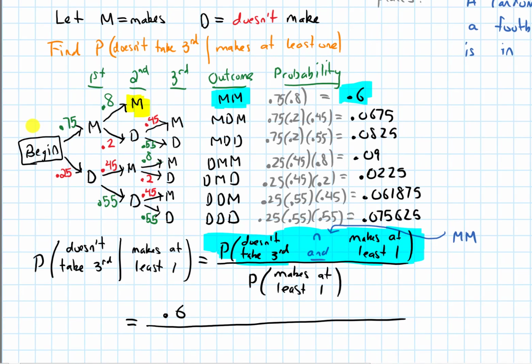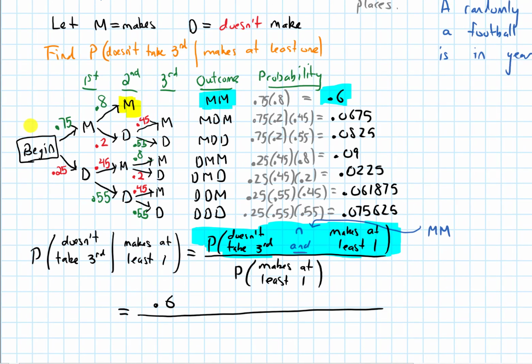The denominator is going to be quite big. There's going to be a lot of terms. So the probability that she makes at least one shows up in a bunch of outcomes. That is this outcome, this one, this one, this one, this one, this one. All the outcomes except for the very last one.